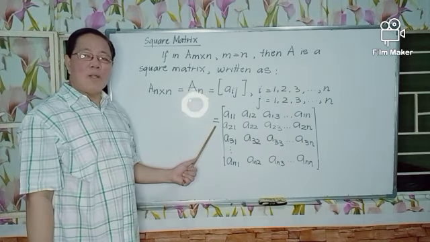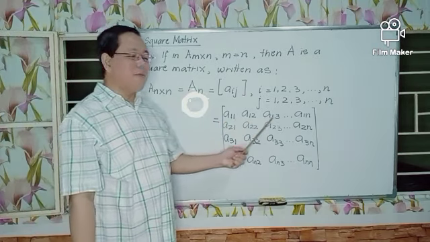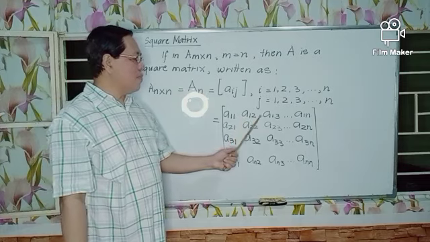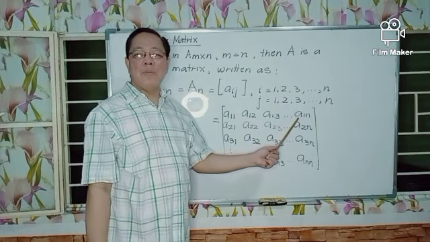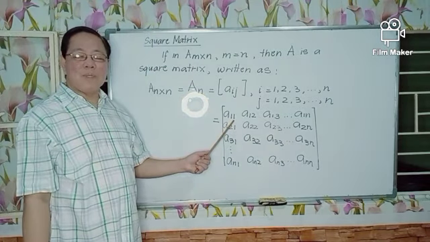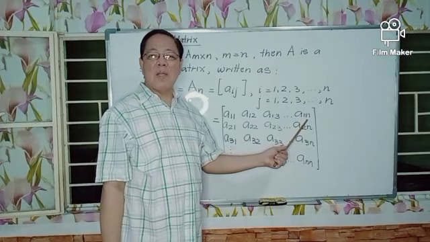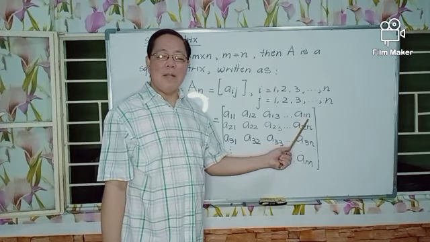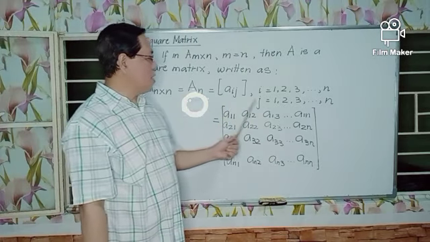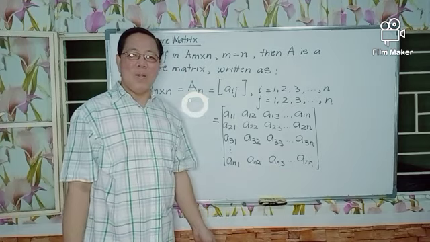If we write all the entries of matrix A, these are the entries of the first row. The first subscript of the entries of the first row is the same, but the second subscript varies from 1 to n because A has n columns.